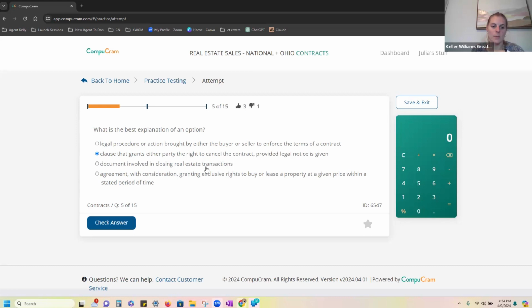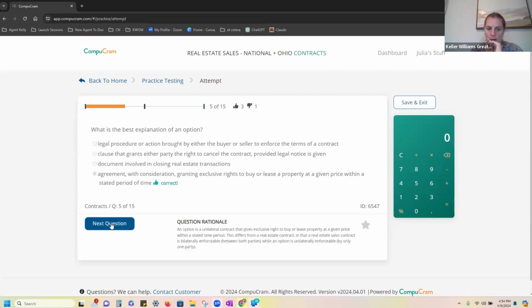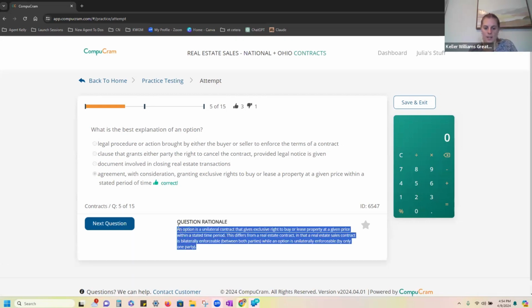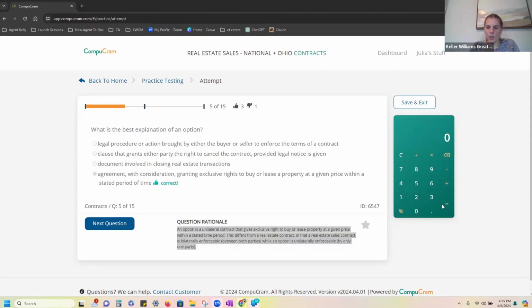Or D, agreement with consideration granting exclusive rights to buy or lease a property at a given price within a stated period of time. Good job. D is correct. And like the question rationale, an option is a unilateral contract that gives exclusive right to buy or lease property at a given price within a stated time period. So it has to include all of those things.